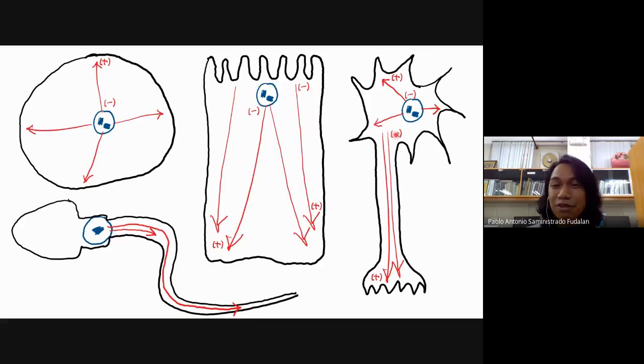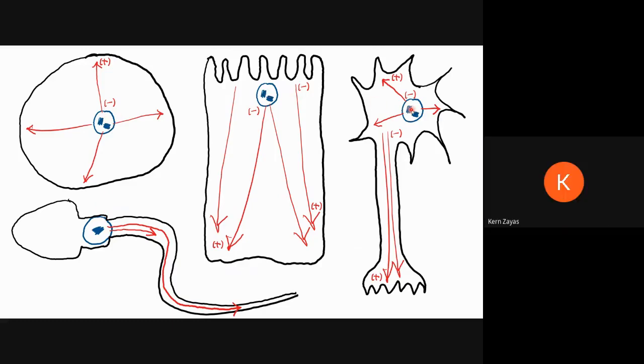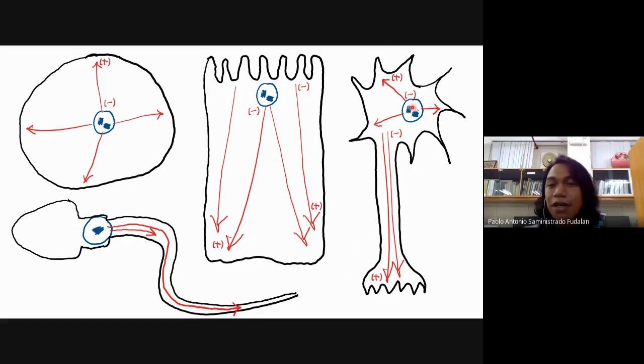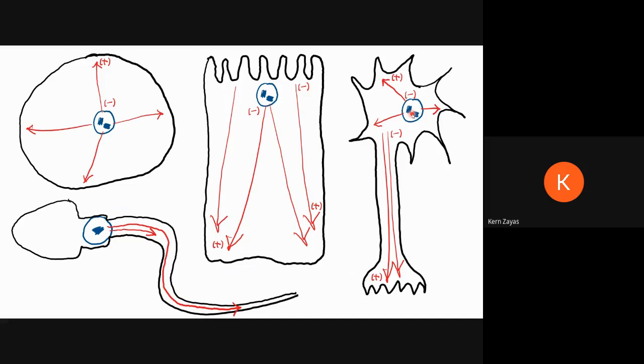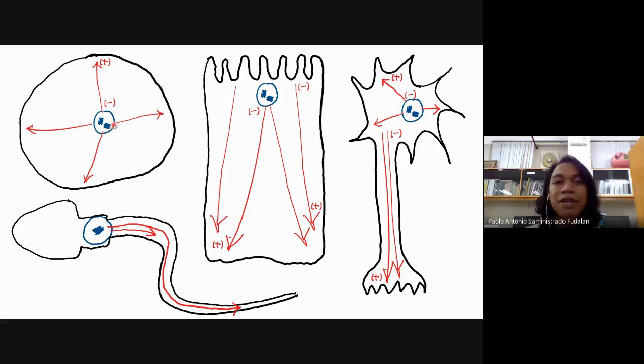So, here we see several cells and we see the structures drawn in blue in these cells. What's common between these blue structures? Their charges, sir. No, charges are in the nucleus and go outward from the nucleus.